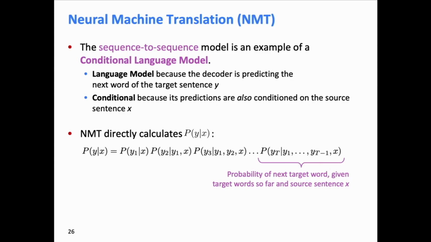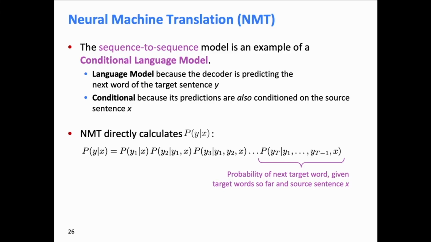NMT is directly calculating the probability of the target sentence Y given the source sentence X. So if you look at this, you'll see that this is just breaking down the probability of the sequence Y, which we suppose is of length capital T. You can break it down into being the probability of the first word of Y given X, and then the probability of the second word of Y given the words that came before and X, and so on.